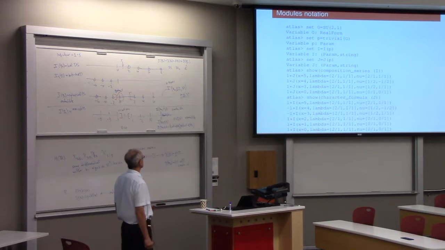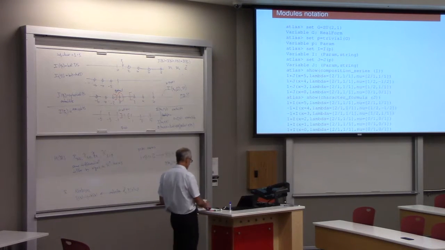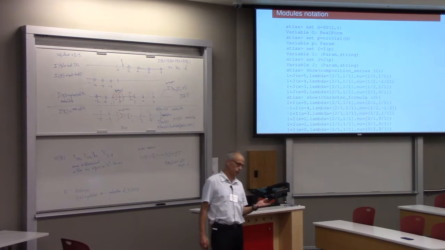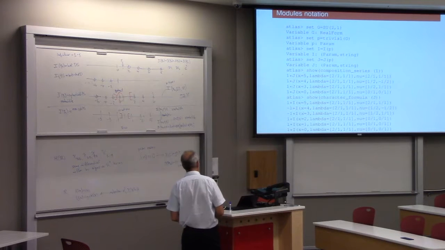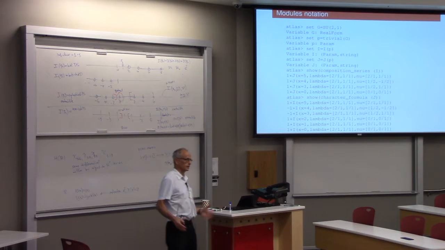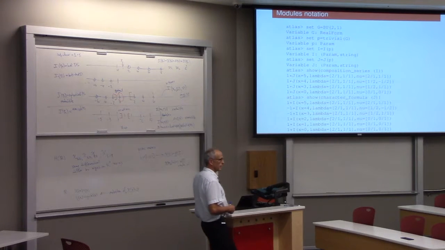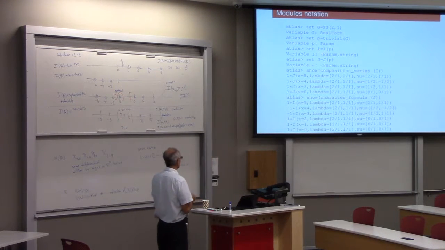So let me just conclude. This is my last slide. At some point, I started implementing something I call modules notation, which is supposed to help with this. I haven't implemented it thoroughly in the software, and I'm not sure at this point whether I will. But I put in a method so that you could have standard and irreducible modules and have them be distinguished. I stands for a standard module and J stands for an irreducible.